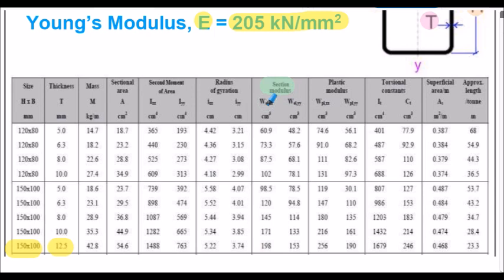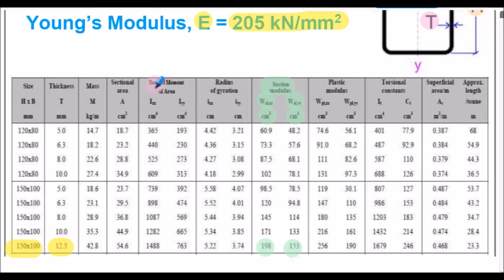Symbol W has been used in this particular table for the Z values about the XX and the YY axis. So reading from the table, the Z about the XX axis is 198 centimeters cubed, and the Z about the YY axis is 153 centimeters cubed.